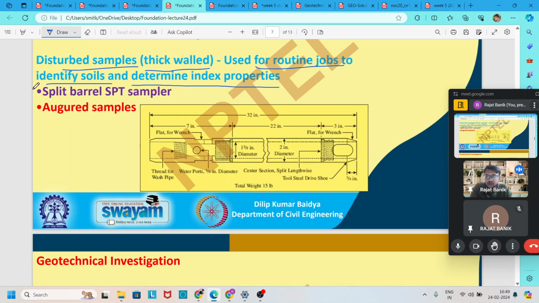The most common sampler for disturbed samples is the split barrel SPT sampler, and there is another one, the auger sampler. Here a picture is shown of the SPT sampler. These are the different cross sections shown for the SPT sampler, so you can go through it.